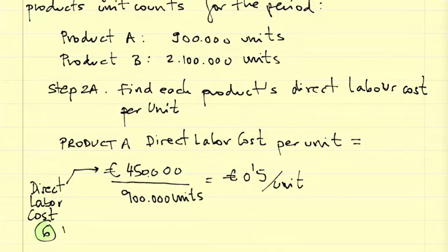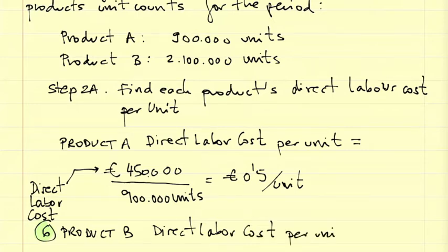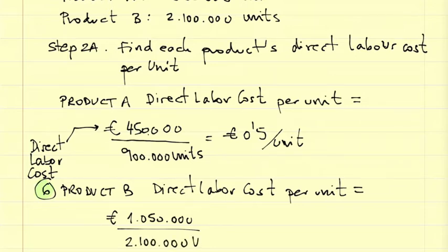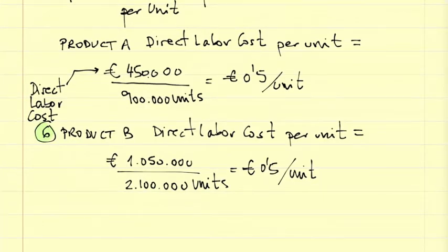The product B, direct labor cost per unit, is similarly the direct labor cost divided by the number of units, and this equals 0.5 monetary units per product produced unit.